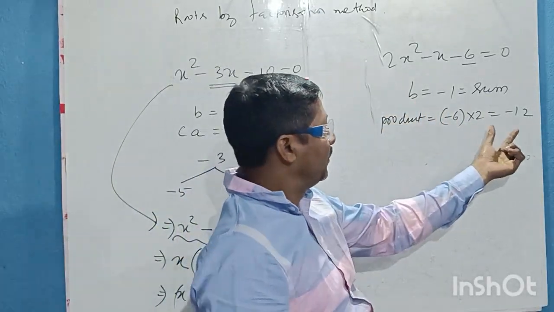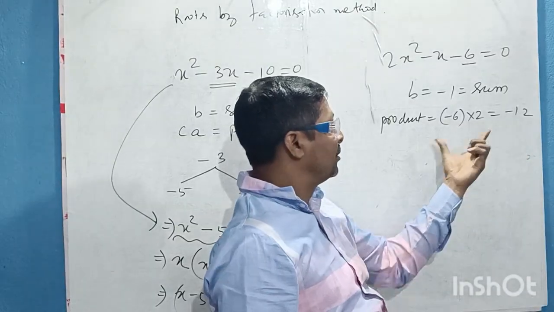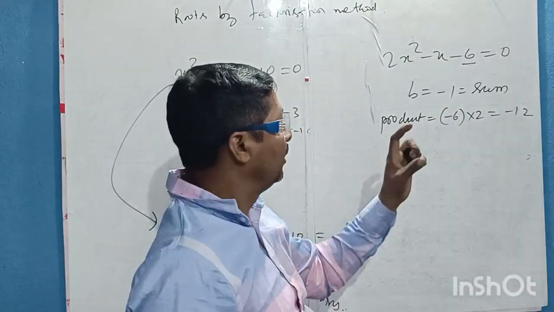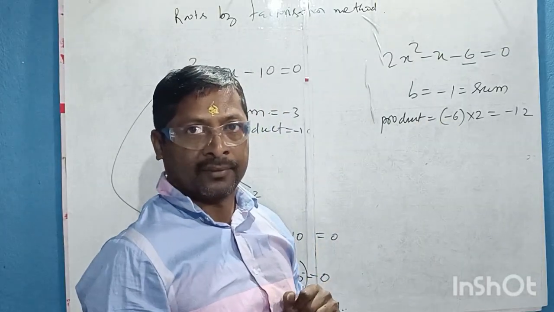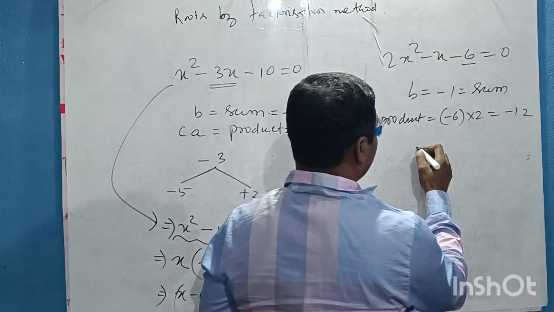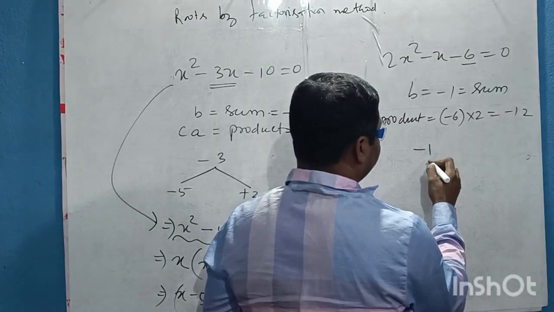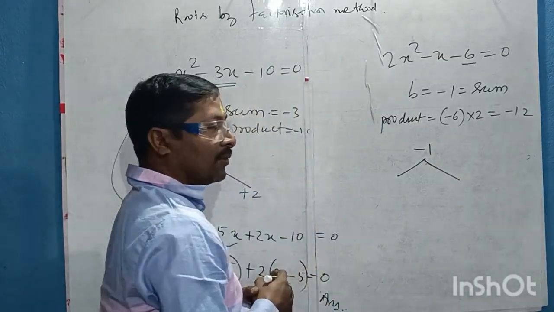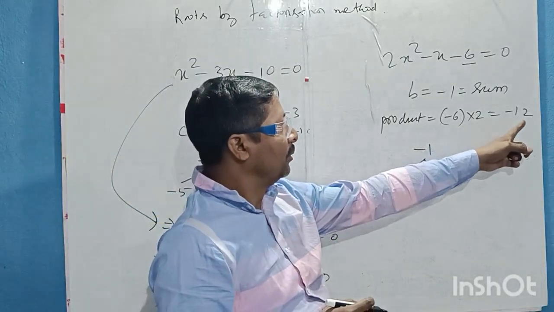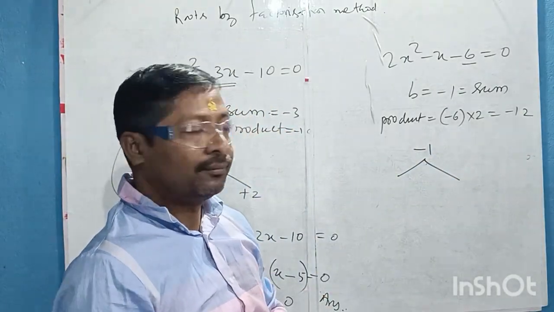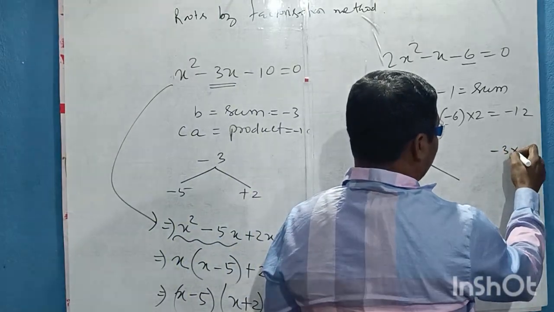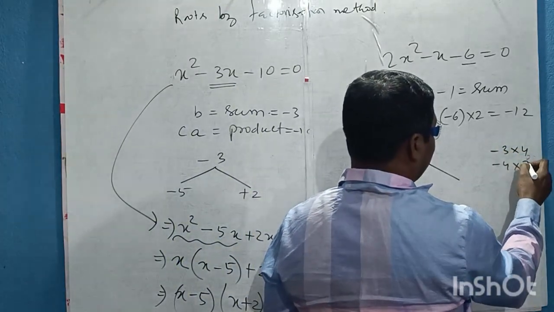Or split minus 12 in such a way that the sum of those two terms will be minus 1. Okay. So we have to split minus 1 into 2. Think for a while. What are the factors of 12? Minus 3 into 4, minus 4 into 3.